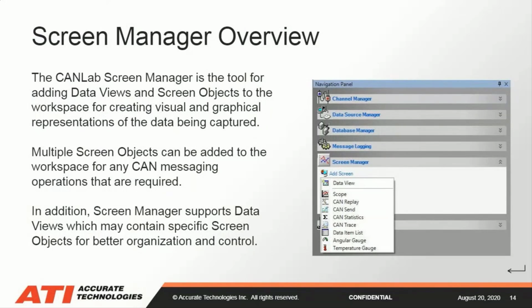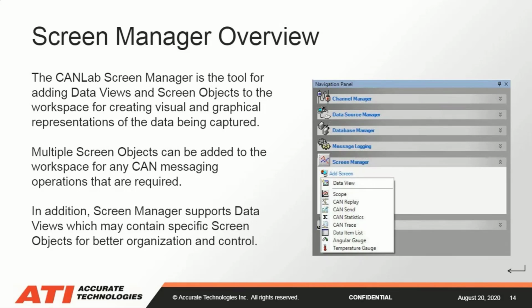And so now that we've got the hardware configured and we've got a DBC file added to the workspace and our recorder set to the workspace, we're going to spend some time talking about configuring the graphical portion of CANLab.